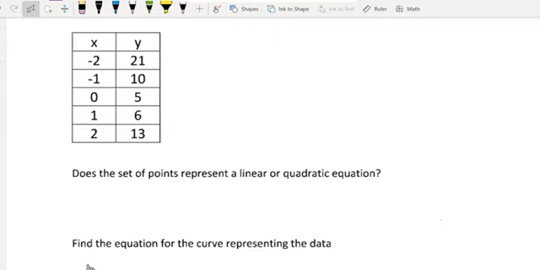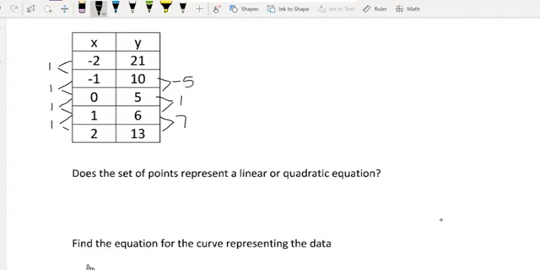So first, let's determine if it's linear or quadratic. If I find the differences on the left of the x values, we see that all the differences are 1. If I find the differences for the y values, 13 minus 6 is 7. 6 minus 5 is 1. 5 minus 10 is negative 5.